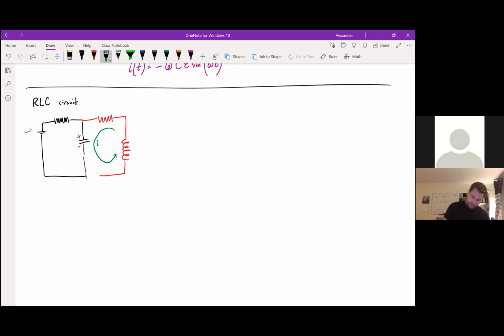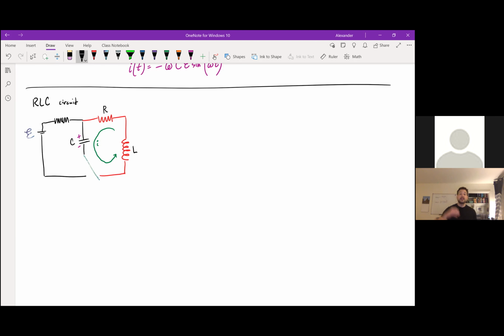Let's label that EMF, so that the initial charge on the capacitor is, like in the previous part, the capacitance times the EMF. Then at some time 0, we close the switch this way, removing the EMF from the circuit and allowing the capacitor to discharge through the resistor and the inductor. Let me label these things: capacitance, resistance, inductance.